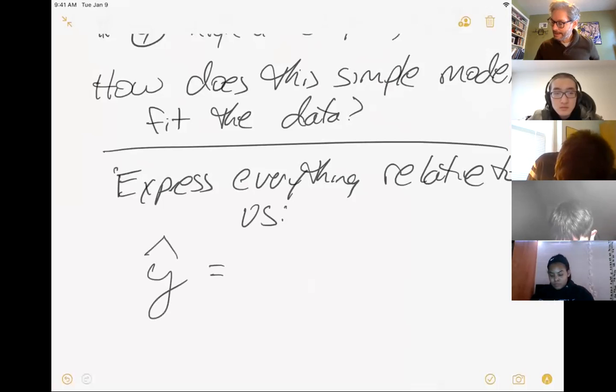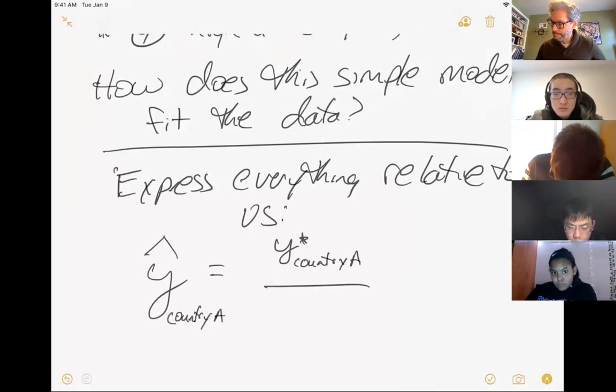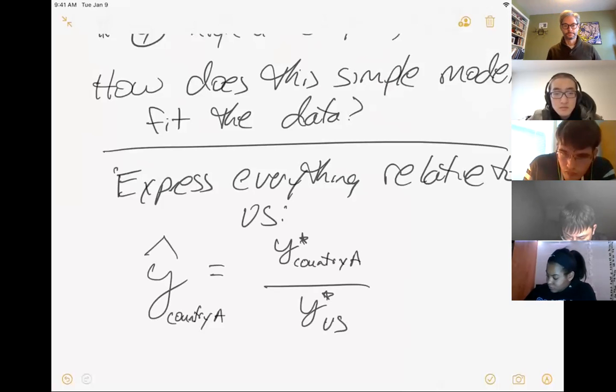And y hat is just going to be y star in country A divided by per capita output in the US. So whenever you see a hat here, we're expressing it relative to the US.